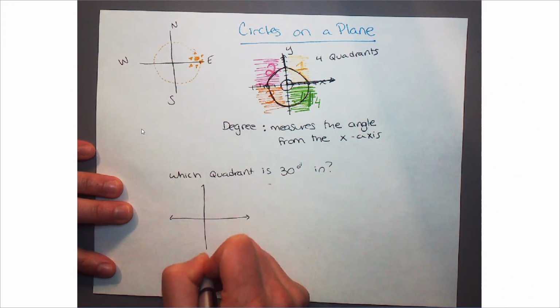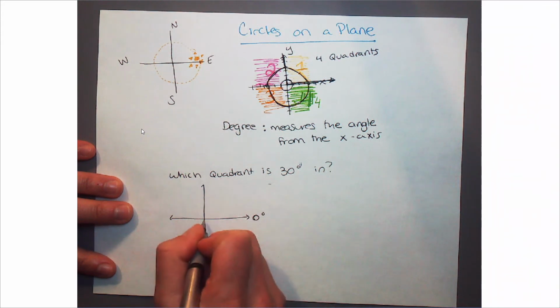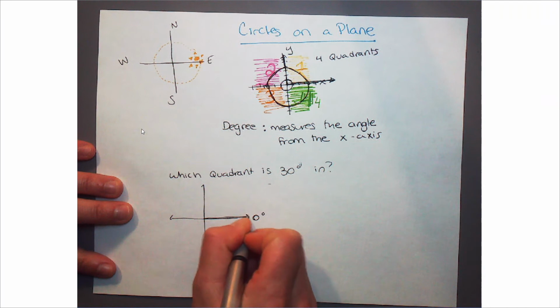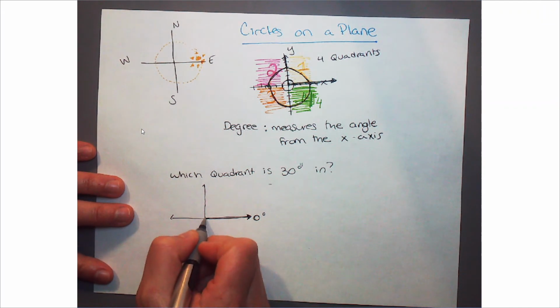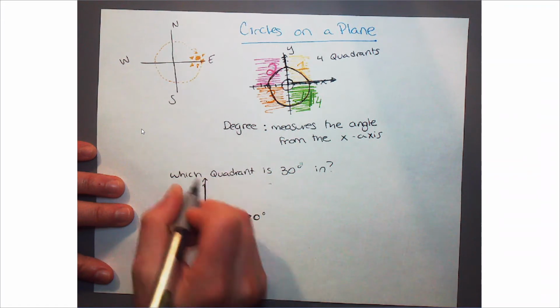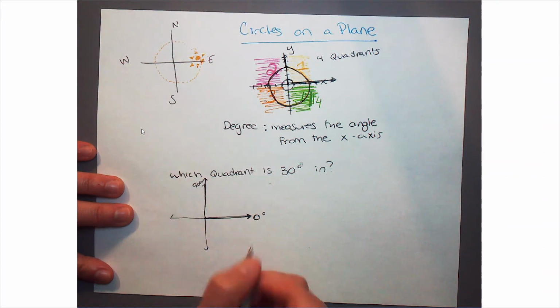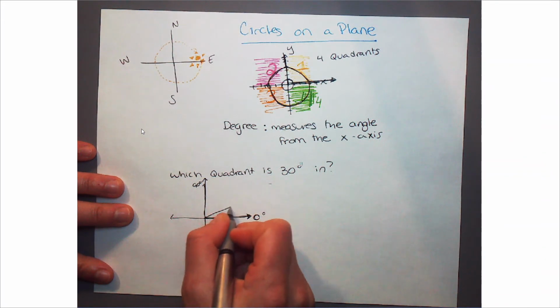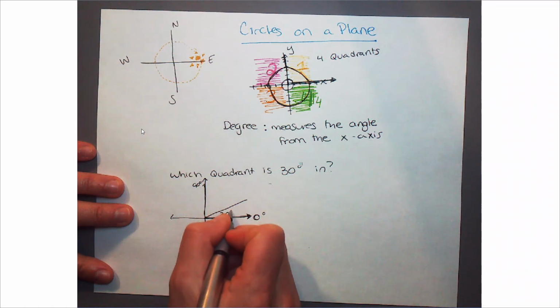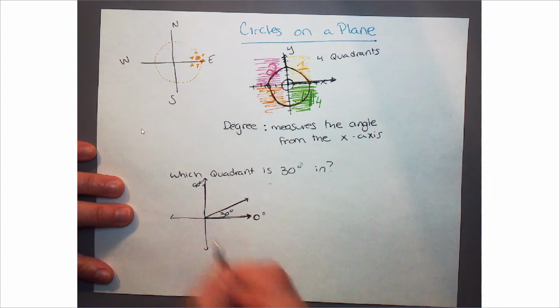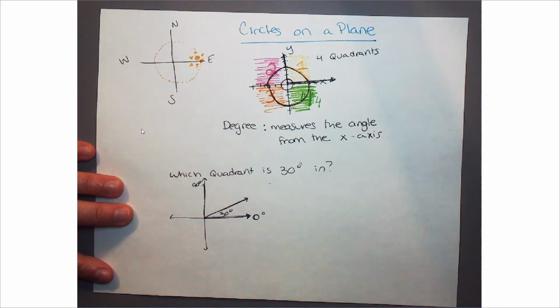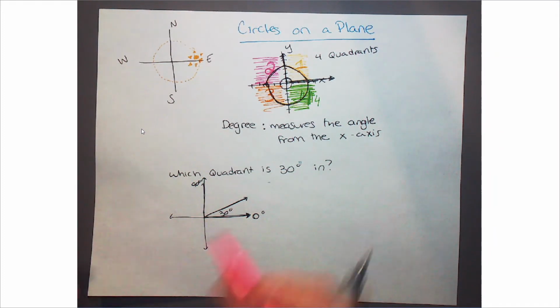If this right here is 0 degrees, our completely east direction, then we know this is 90. So 30 degrees would be right there. It's basically a third of the way to 90. And so that would be quadrant 1. Not so bad.